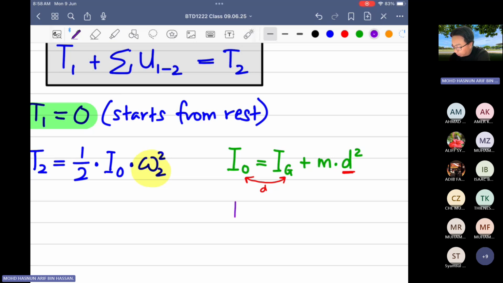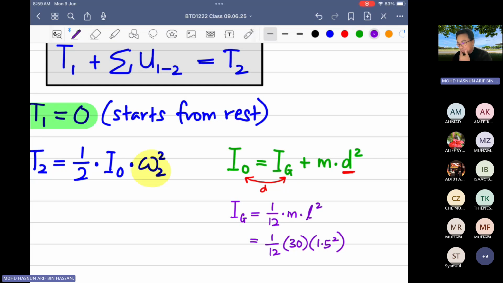So for a slender rod, we have IG is equal to 1/12 times the mass times L square, L of the rod. So you have here 1/12 times 30 kilogram, the mass of the rod, times 1.5 square, the length of the rod.